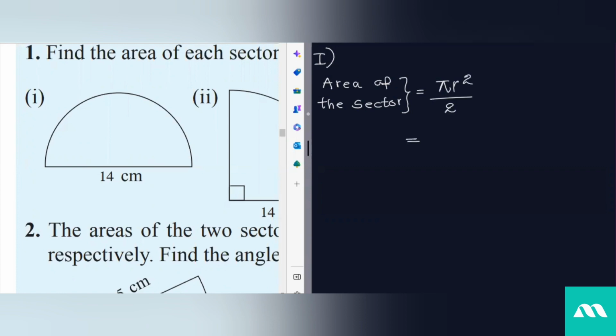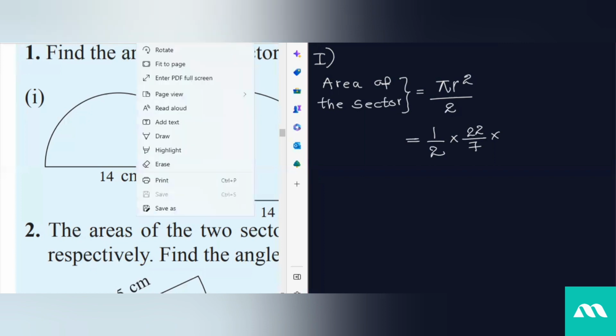Then when we do the substitution, it is 1 upon 2, and pi is substituted by 22 upon 7, multiplied by r squared. Here, what is r?